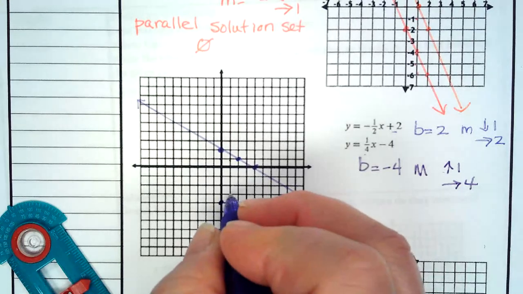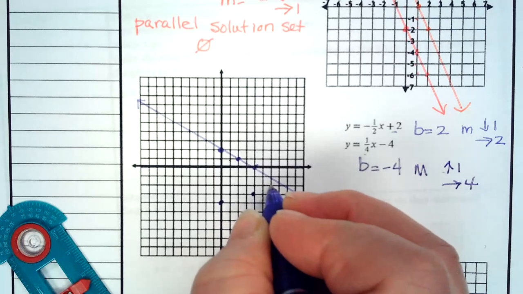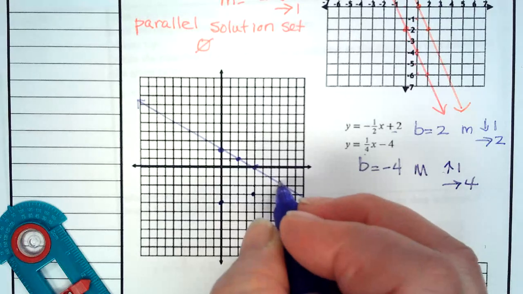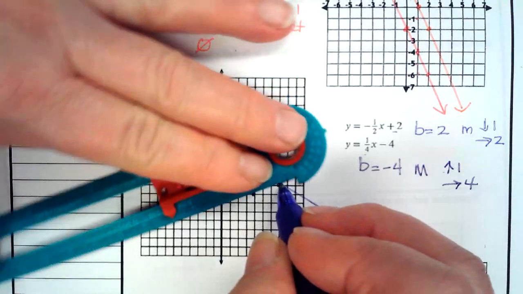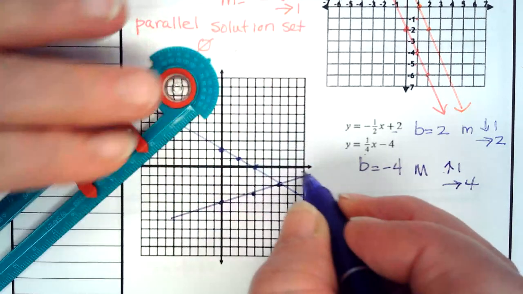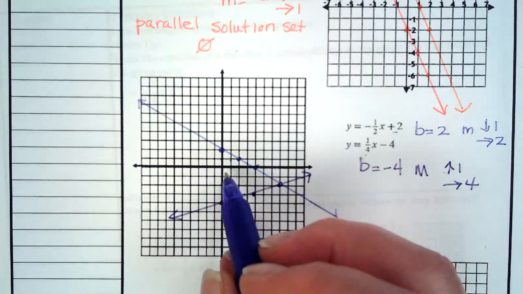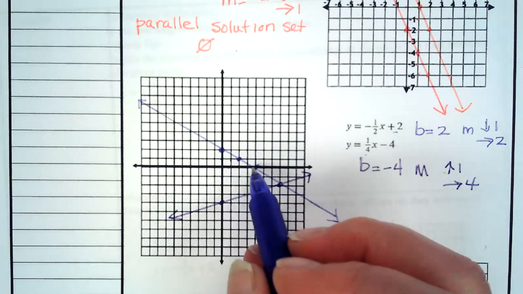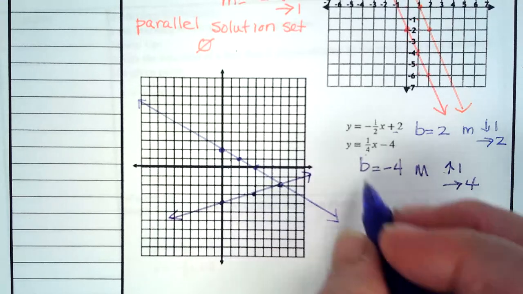Go up 1, right 1, 2, 3, 4. What is my solution set? 1, 2, 3, 4, 5, 6, 7, -2.